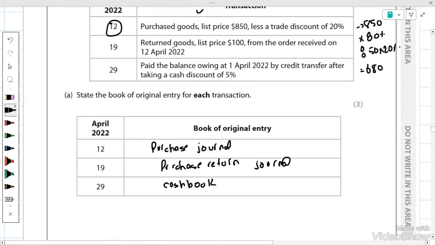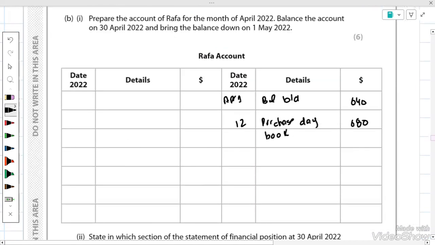Okay, so on 19 April, the returned goods' list price was 100 from the order received on 12 April 2022. Whenever we are returning purchases, we have to record it on the debit side. The list price was $100 and these were goods which we purchased on 12 April. Just remember that we had a 20% trade discount, so we have to apply that 20% trade discount on these returned goods also. 100 multiplied by 20 divided by 100 gives you 20.